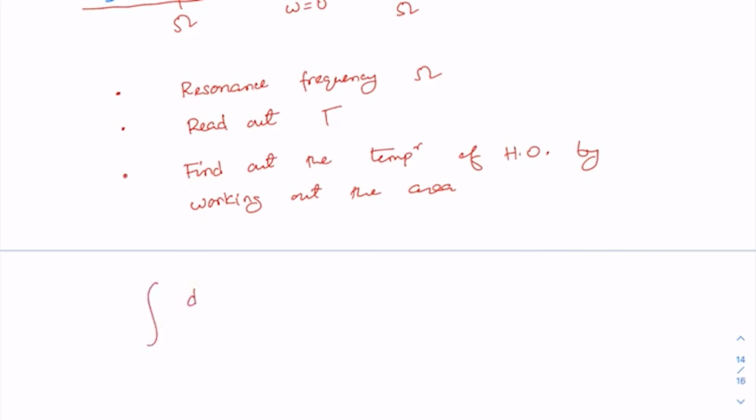So what I have to find out is this integral, d omega by 2 pi, of the noise spectrum, this area. You can work it out. It has to be twice, because I have two peaks.